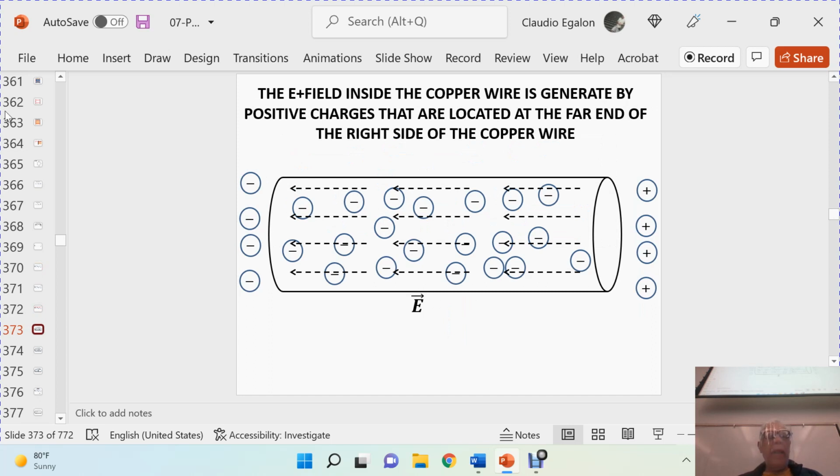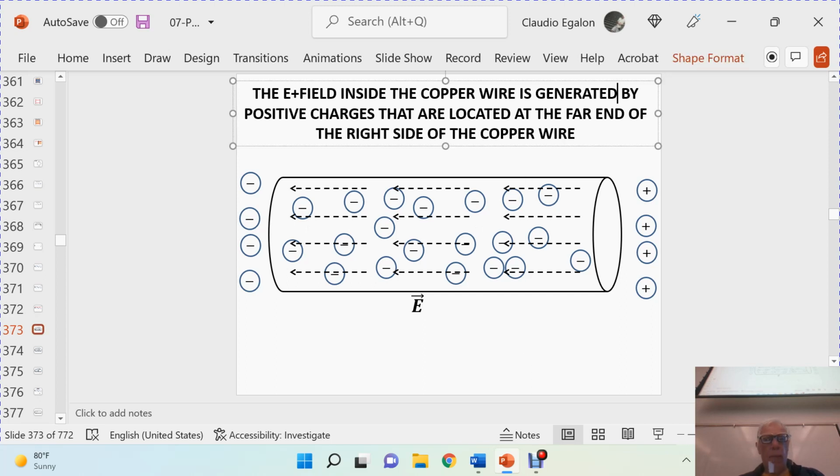It is as though we have a buildup of negative charges here at the end of the wire and a buildup of positive charges here at the end of the wire, producing this uniform electric field.